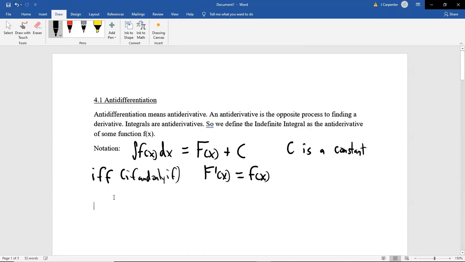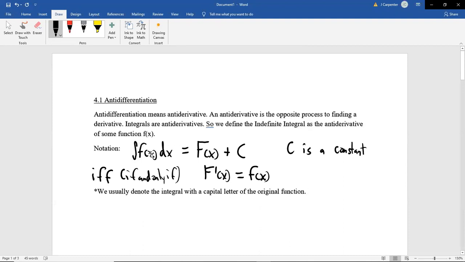So again, just making a note here. We usually denote the integral with a capital letter of the original. Typical, doesn't have to be. I could say, instead of writing the capital F, I could write a lowercase g. But then this would be g prime equals f of x.